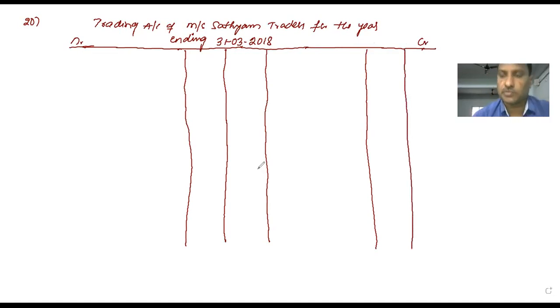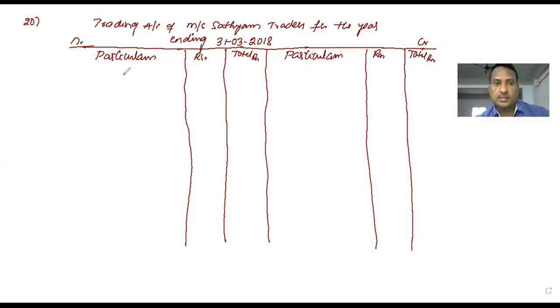Yes, this is the pro forma of the trading account. The first column we are maintaining for adjusting the amounts.